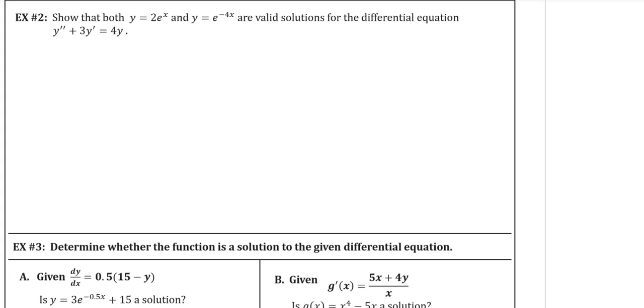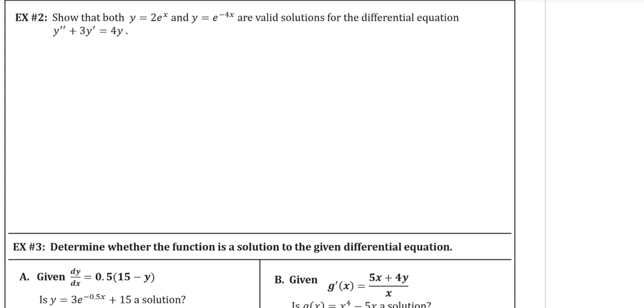Okay, so what we want to show is that both y = 2e^x and y = e^(-4x) are valid solutions to the following differential equation. Like you would verify any solution, we're going to substitute and see if both sides of the equation are equal. On the left side, we have y double prime and y prime.